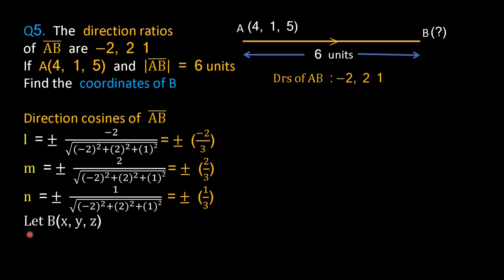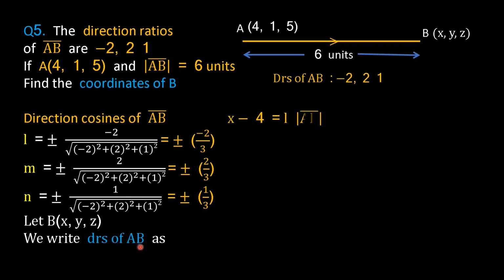We will assume the coordinates of B to be x, y, z and write the direction ratios of AB bar as x minus 4 equals l times mod AB bar, which will be x equals plus minus minus 2 by 3 times 6 plus 4. 3 2s are 6, so it will be minus plus 4 plus 4.